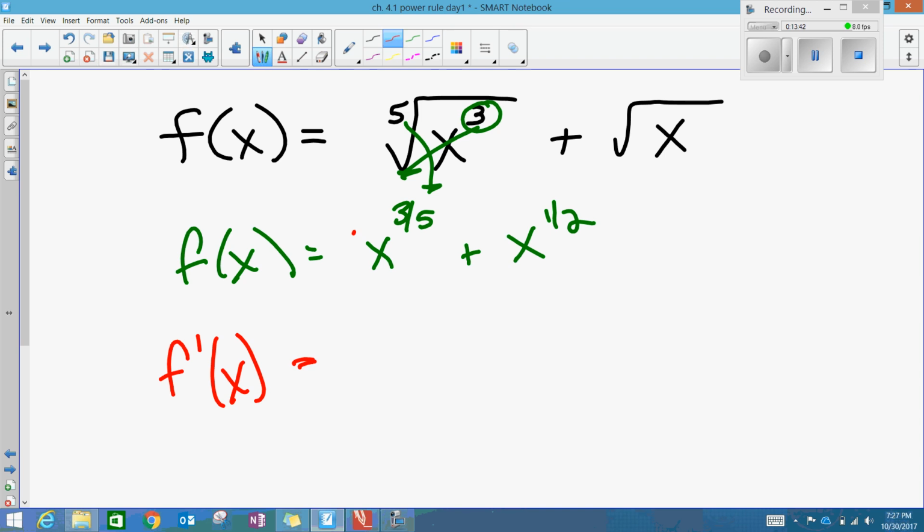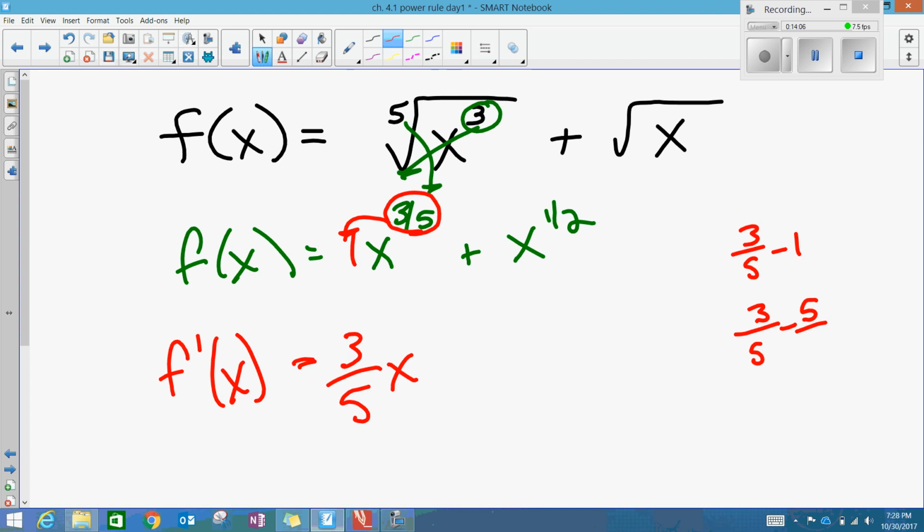So think about a little 1 here. So our exponent is 3. We bring that in front. We have 3/5 x. Now we need to subtract 1. So to come over to the side to give you a little heads up. So 3/5 minus 1. Right? You have to write 1 as a fraction, so it's really 3 over 5 minus 5 over 5, right, equals negative 2 over 5.